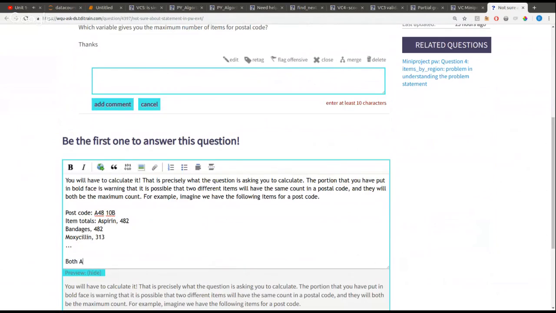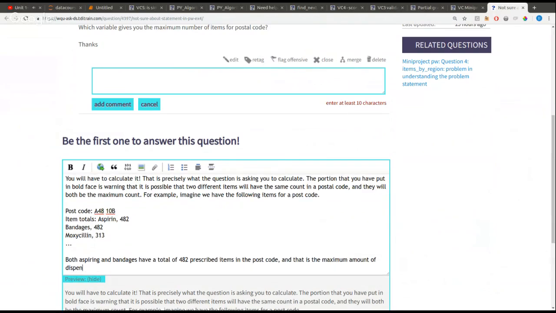Both aspirin and bandages have a total of 482 prescribed items in the postcode, and that is the maximum amount of dispensed items in the postcode.